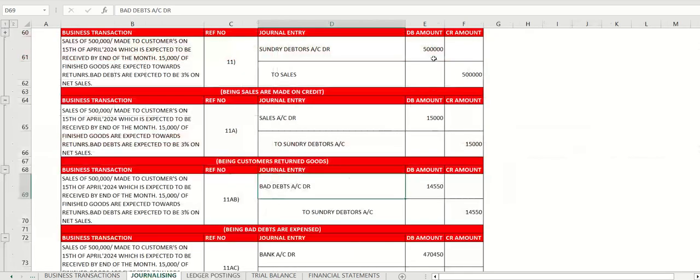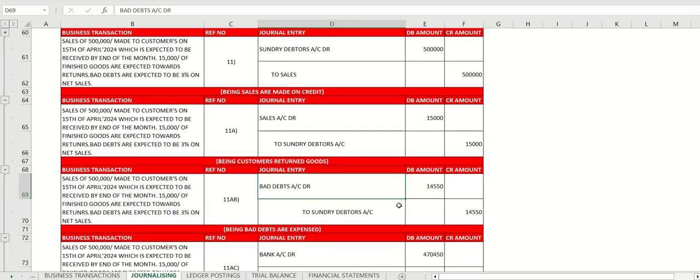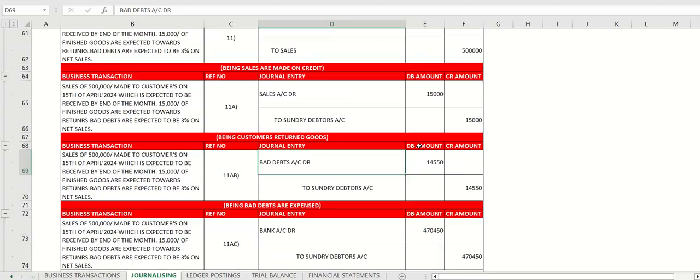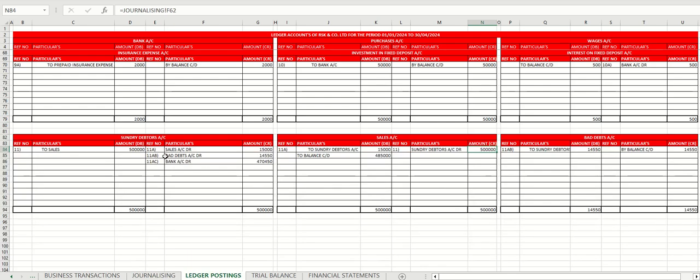Okay. Now, what about this first? For the first entry, 5 lakhs, we need to debit our sundry debtors and credit our sales, 5 lakhs, 5 lakhs. Okay. And for the second entry, we need to reduce our sales and reduce our sundry debtors to the extent of 15,000.